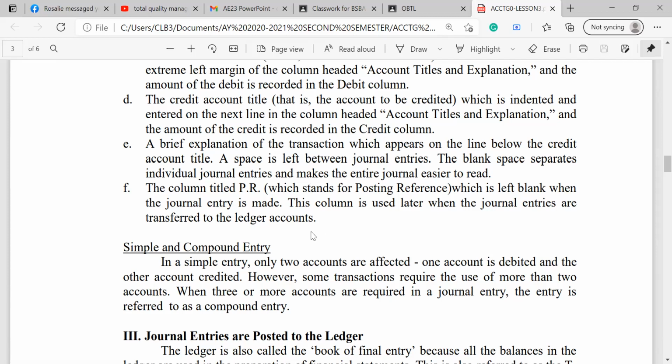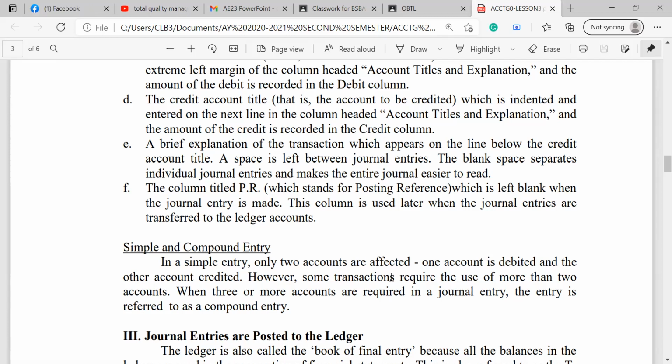Okay? In terms of entry naman, meron tayong dalawang types of entry. Yung simple entry at saka compound entry. Okay? Paano po natin pag-differentiate ng dalawa? A simple entry, only two accounts are affected. No? One is debited and the other one is credited.